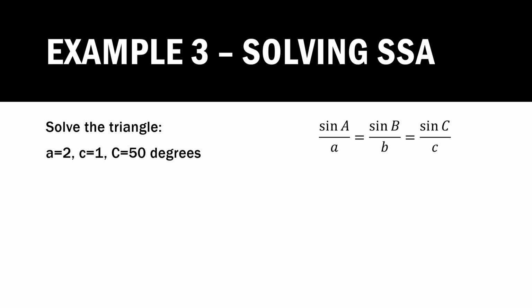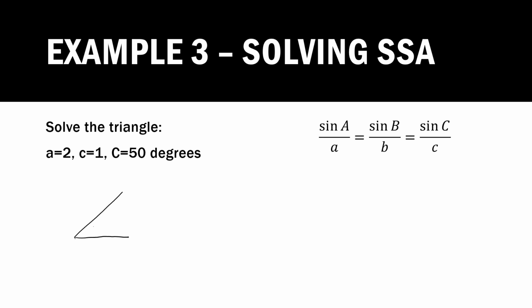Example 3, solving side-side-angle. Solve the triangle. a equals 2, c equals 1, and the measure of angle C is 50 degrees. So I'm going to start off by drawing a diagram to represent the triangle. So I have a side here, I have a side here.